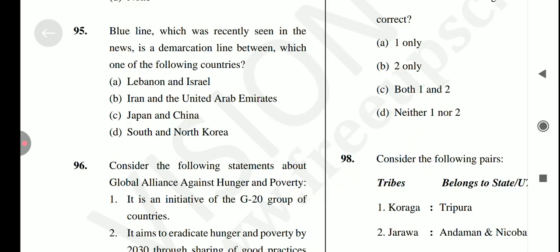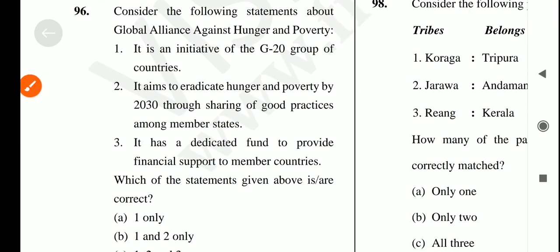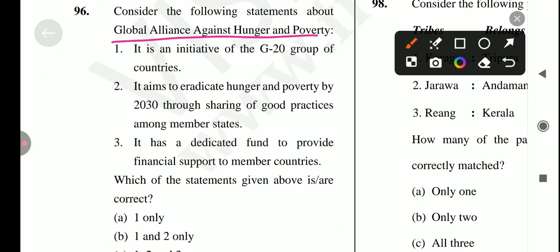So the next question is: consider the following statements about the Global Alliance Against Hunger and Poverty. The first statement is it is an initiative of the G20 group of countries. Is it true? Yes, it's a correct statement.